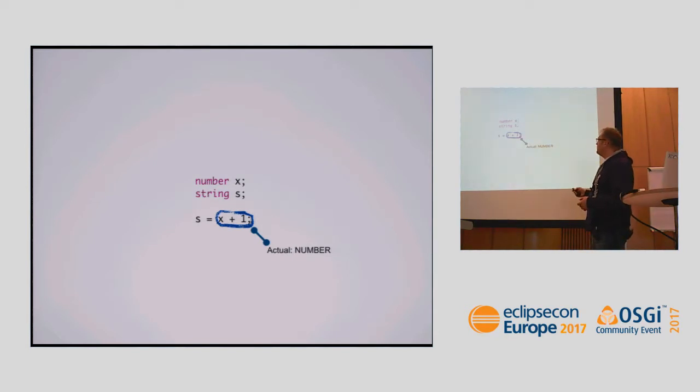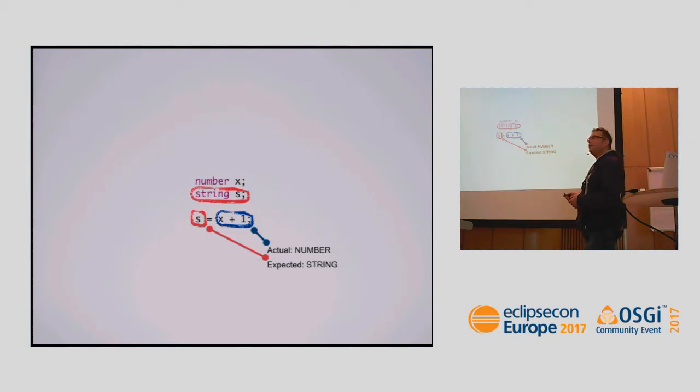This here will be actually a number. X is a number, 1 is a number, the result will be actually a number. But the expected type of that expression is actually string.